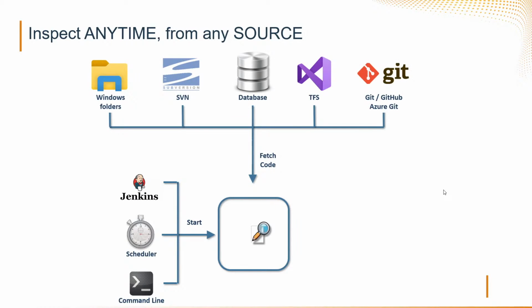When it starts, you would need to fetch the code wherever it's located. In our case, you can find it either somewhere on the network in a Windows folder, or you can fetch it from a source control: SVN, Git, TFS.